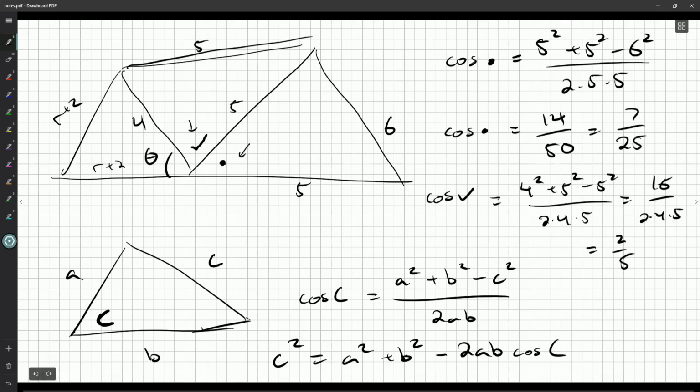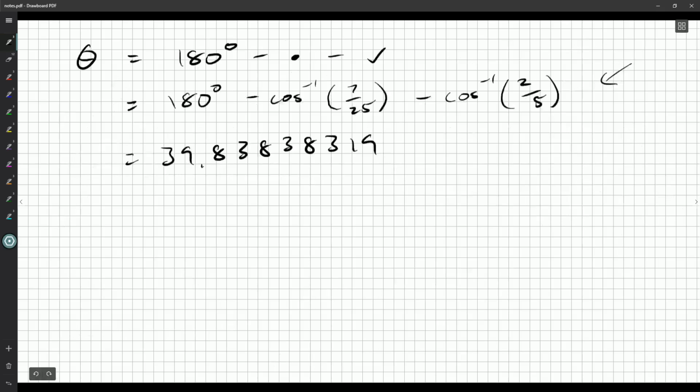Now, because it's isosceles, this is also theta, so this angle in here is 180 degrees minus 2 times theta. So let's call that phi. So phi is 180 degrees minus 2 theta. I've still got it on my calculator, so I'm going to multiply it by 2. So that's 79.6767667.